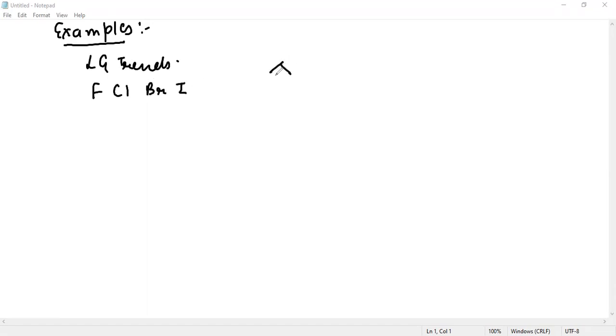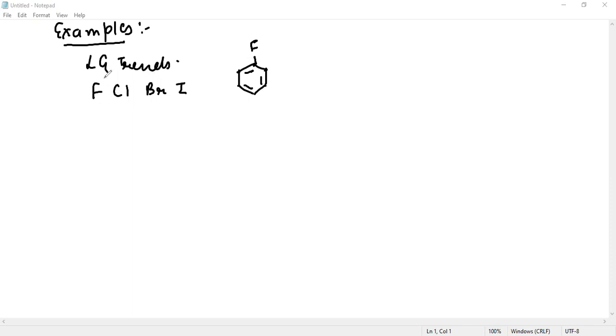So what we want to learn here is that when we have this benzene ring, let me draw it again. So when we have this benzene ring, and let's say we have this fluorine group over here, then what we want to learn is this thing.